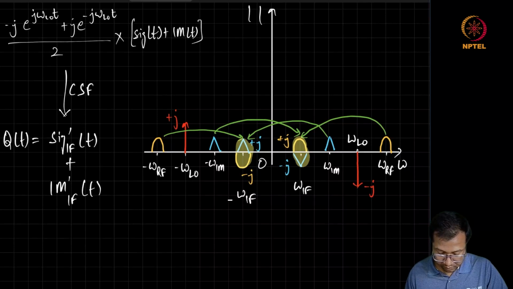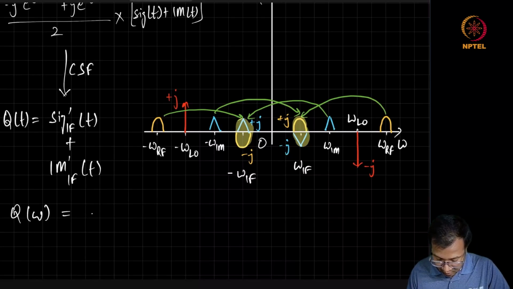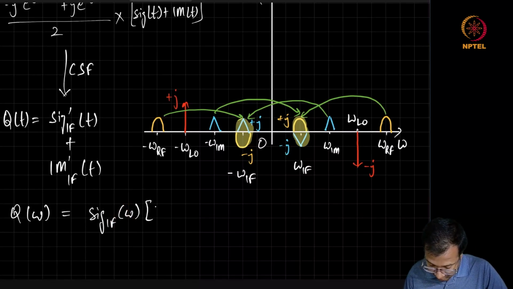Okay, so if we look at the frequency domain, we can see that it is same as the frequency domain counterpart we had earlier, but depending on the constituents of the signal, whether it is having positive or negative frequency, we are multiplying with either plus j or minus j.